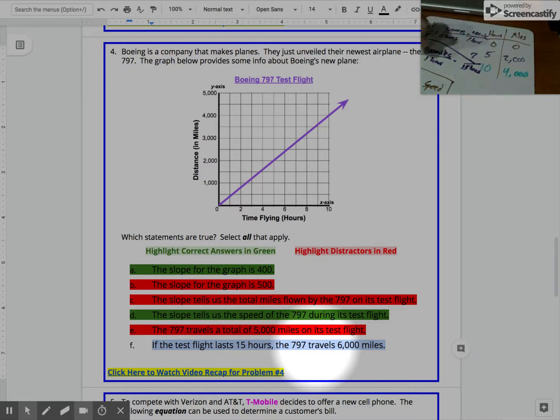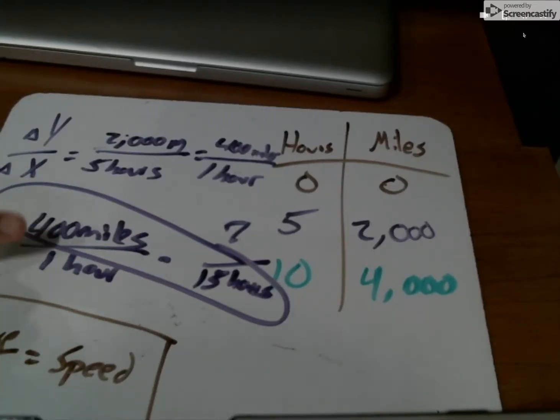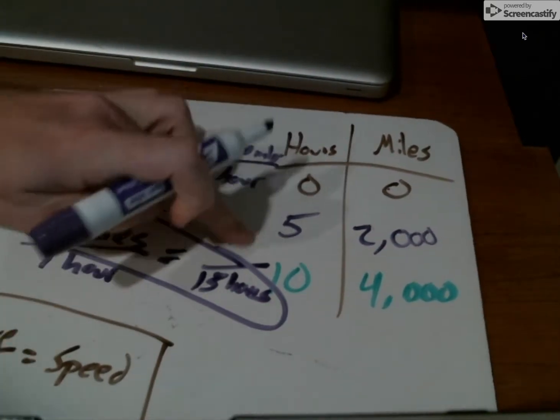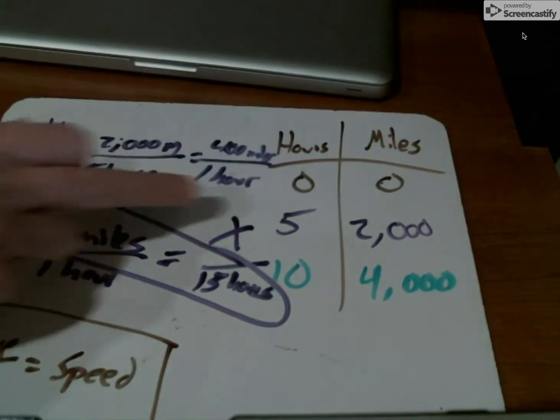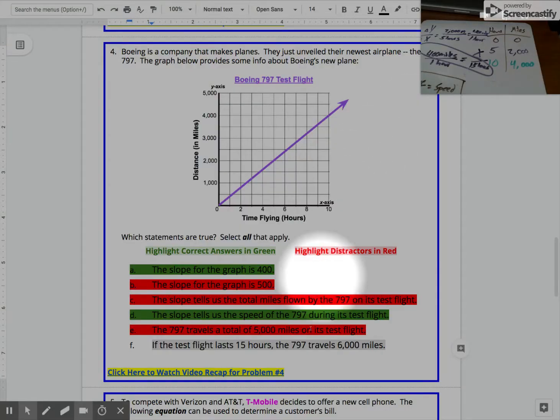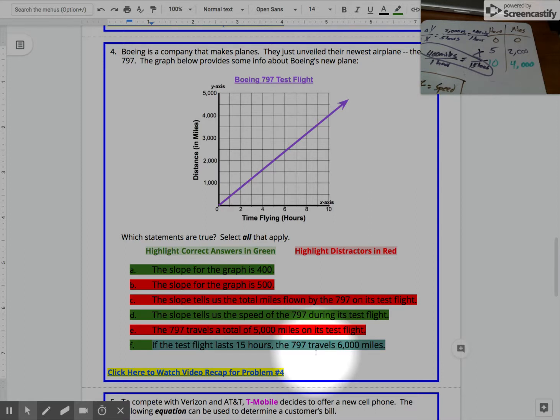So we'd use some cross multiplication if we think about it in a 7th grade way. If I set up a proportional relationship, 400 miles every 1 hour is equal to how many miles, x, every 15 hours. We could cross multiply. 400 times 15 does indeed equal 6,000. And that's why F is the 3rd correct answer here.